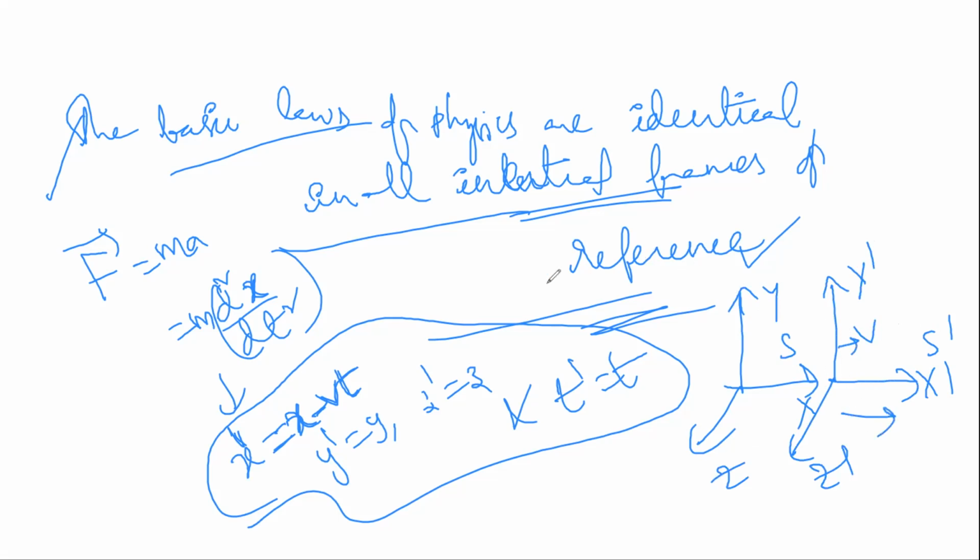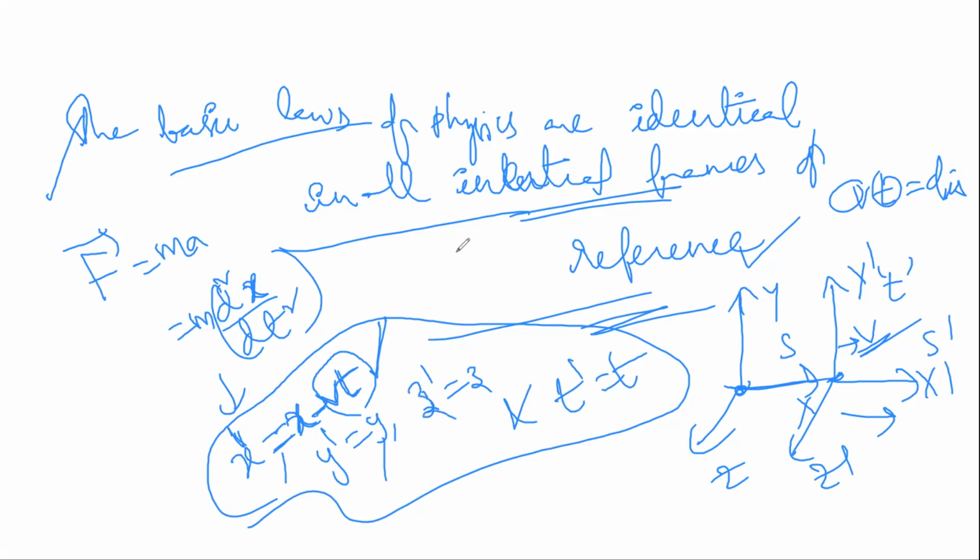Hence, since displacement is happening along the x direction, x dash equals x minus vt, because the time for which it is traveling is t. Velocity into time gives displacement, so displacement is vt. So x minus vt gives x dash, y dash equals y, z dash equals z, and t dash equals t.